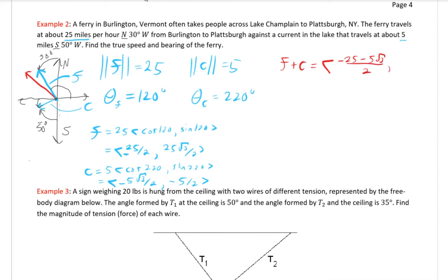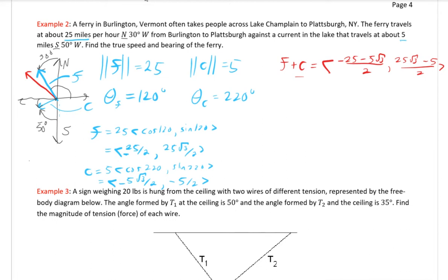And then for the second one, we have 25 root 3 minus 5 all over 2. So that would be my new vector for the bearing, or for the new ferry, considering the current. But we want to find the speed and the bearing of the ferry, which means that we want to find both the magnitude and also the angle measure for this.